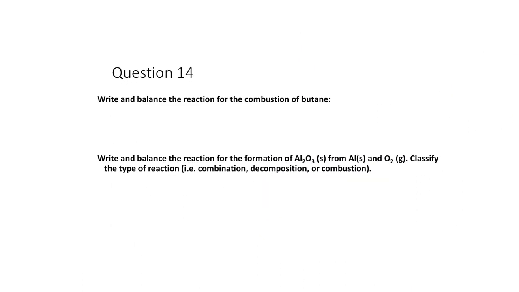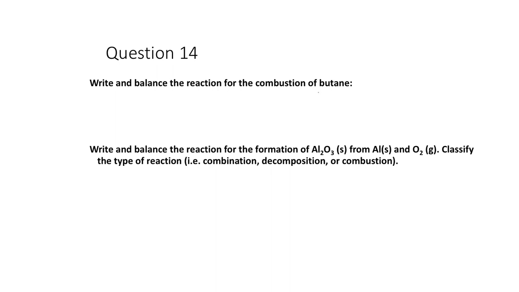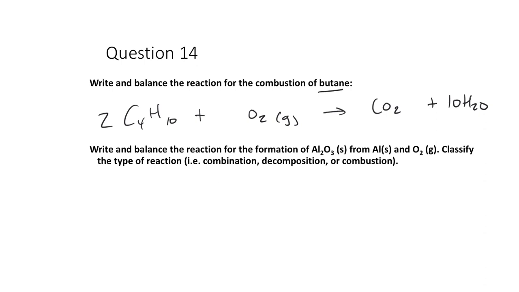And then finally, writing and balancing a combustion reaction of a hydrocarbon. So hydrocarbons combust to form CO2 and water. So C4H10 reacts with oxygen gas from air while it burns to produce CO2 and water. So I'm going to get 5 waters. That's going to end up giving me a fraction for oxygen. So I'm going to go ahead and double that to 10, double this to 2.